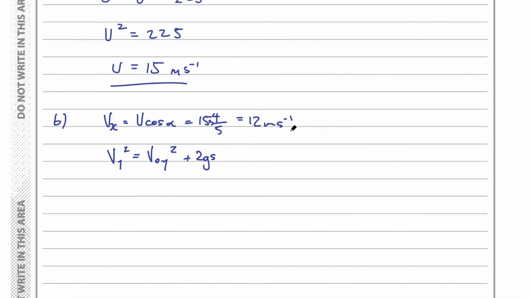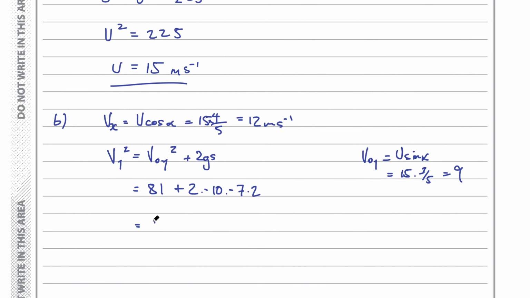So for that, firstly we need v0y, and that is u sine alpha. So that's going to be 15 times 3 on 5, which is 9. So this is going to be 9 squared, which is 81, plus 2 times gravity, which is minus 10, times the displacement, which is minus 7.2, as we said.